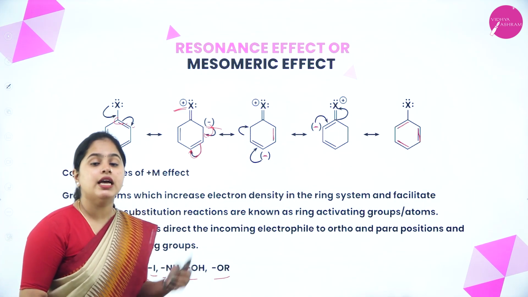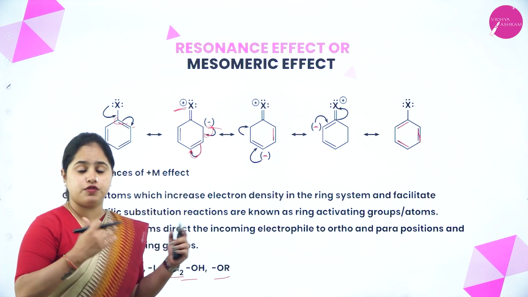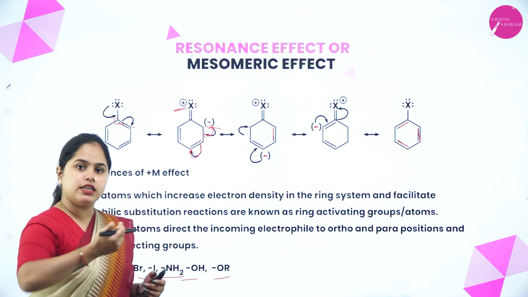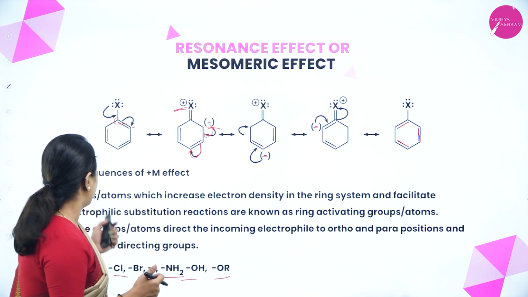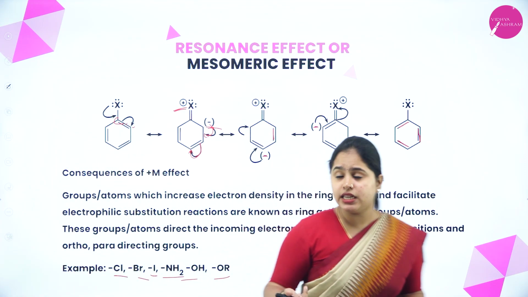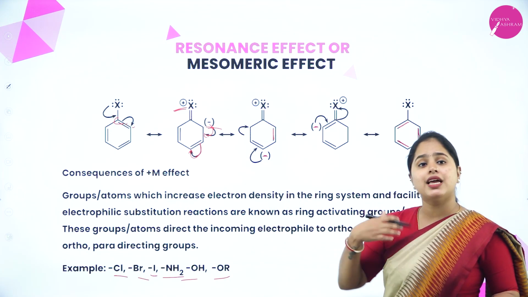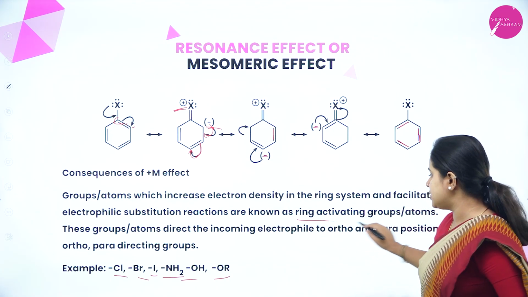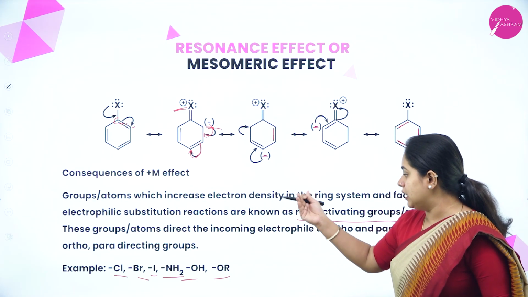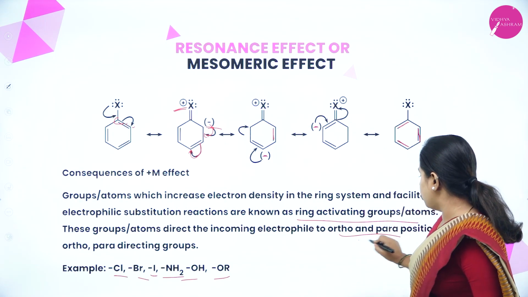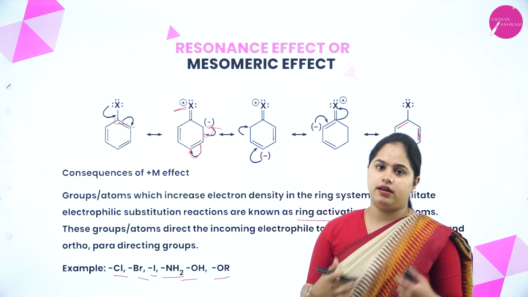So as I said, in plus R effect, the electrons will be given to or shifted towards the carbon atom, away from the group which is attached to the conjugated system. The groups which increase the electron density in the ring system and facilitate electrophilic substitution reactions are known as ring activating groups. These groups direct the incoming electrophile to the ortho and para positions, and they are called ortho-para directing groups.